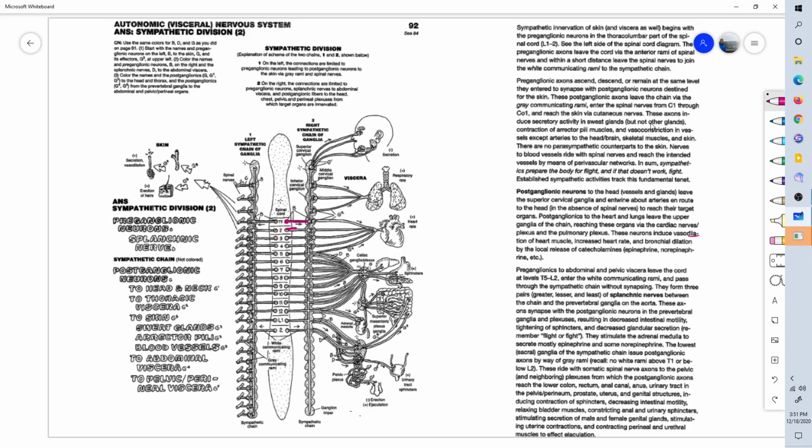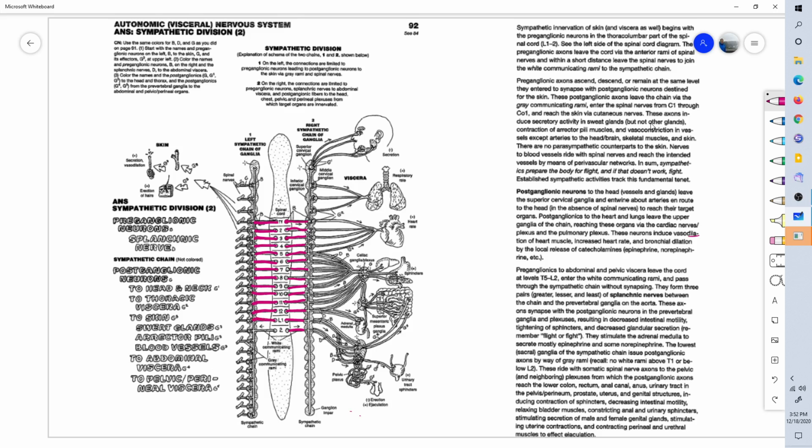Out of number 2, this is a preganglionic neuron, number 3, T3, T4. These are your preganglionic neurons. And of course, on the other side, these are your preganglionic neurons, because they are the neurons coming from the spinal cord before they reach the ganglia on the right and the left sides.